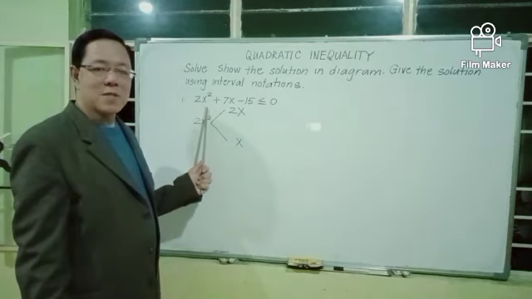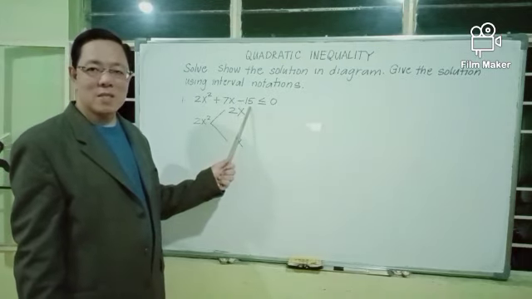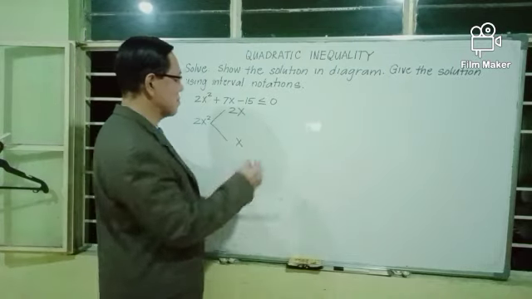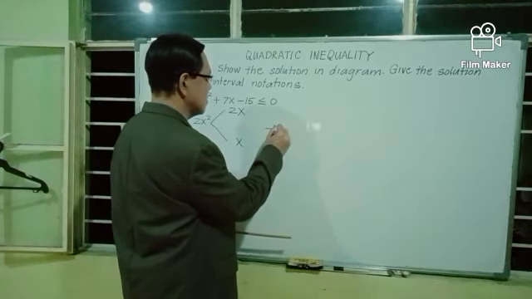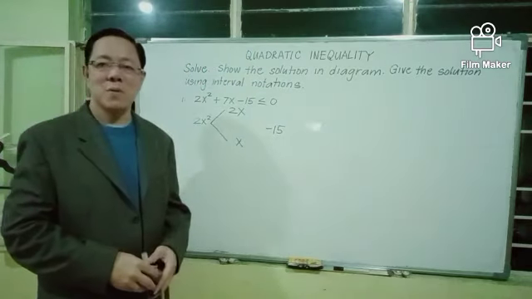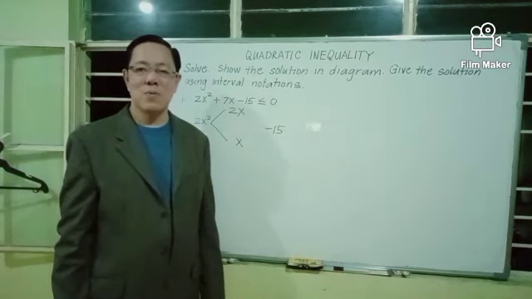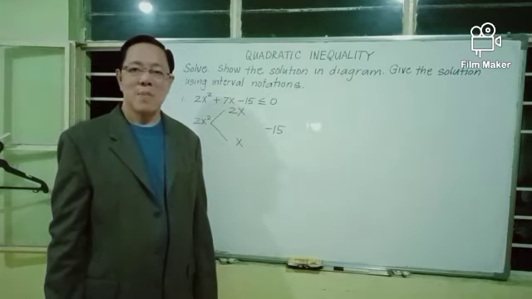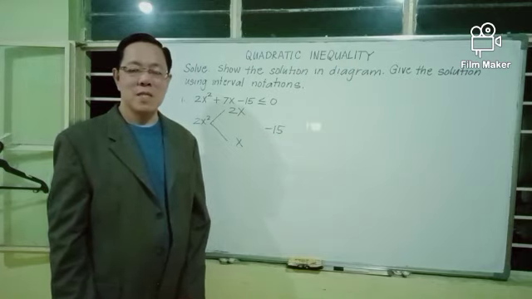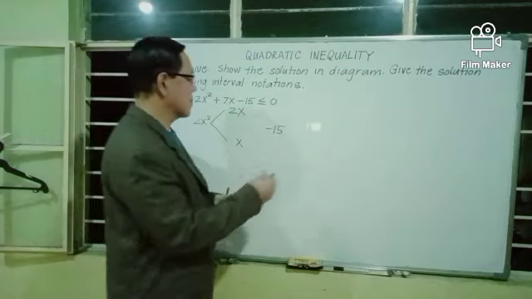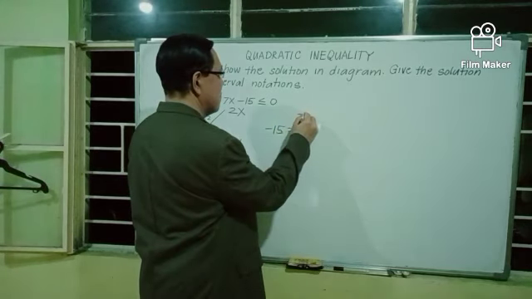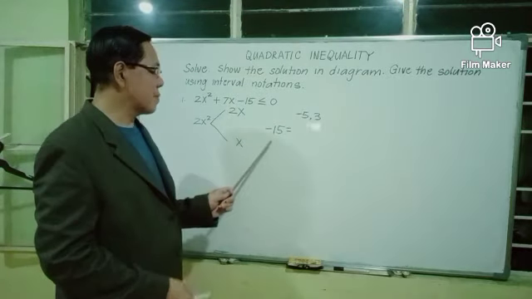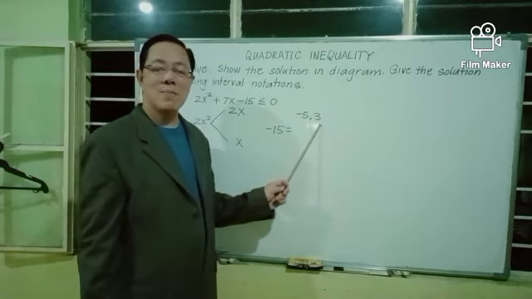After you factor out the first term, factor the constant term. That is the term without the variable x. The constant term is minus 15. And it is in factoring negative 15 that we would use trial and error, because negative 15 has many sets of factors. One set of factors for negative 15 is negative 5 and positive 3.